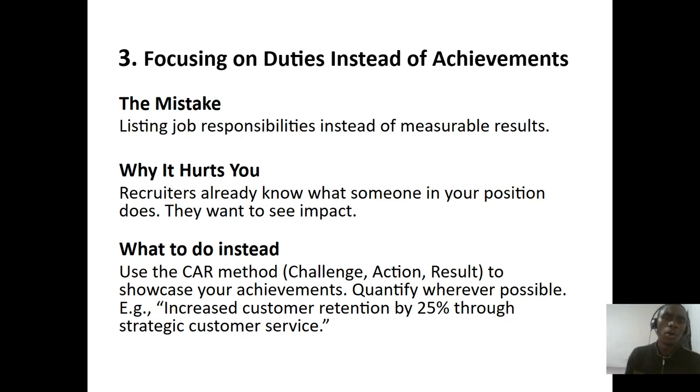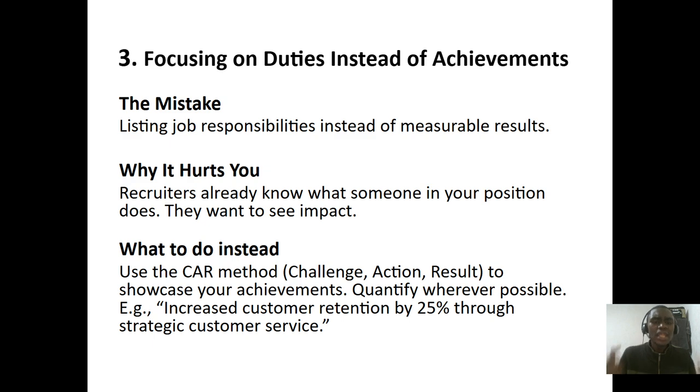The third error that people make when designing their CV is that they focus on duties instead of achievements, right? They focus on the duties, what they do at their workplace, instead of the results they have gotten by doing those things.